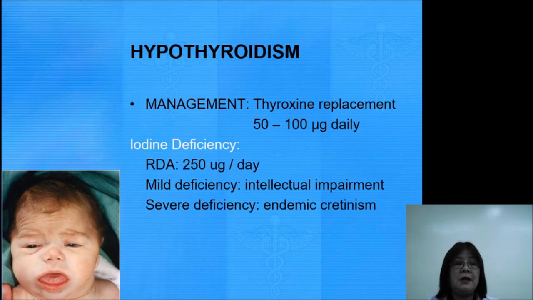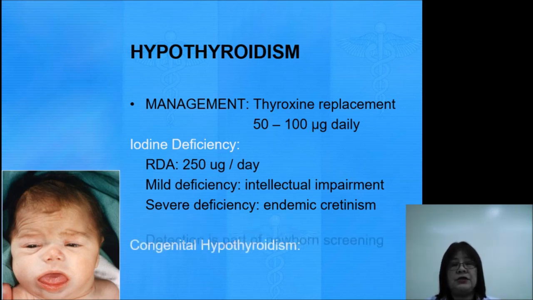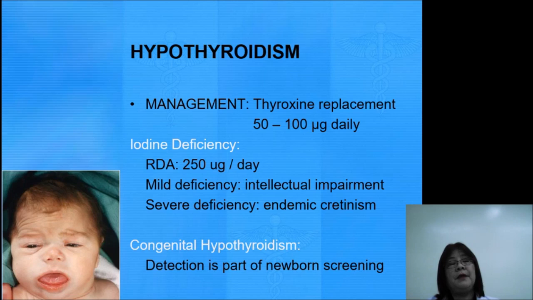If you can see, the tongue is quite big and protruding out of the mouth. This is congenital hypothyroidism. Thus, at present, it is part of the newborn screening. Because if you found out that the baby has congenital hypothyroidism, you have to replace thyroxine so that this baby will develop normally.